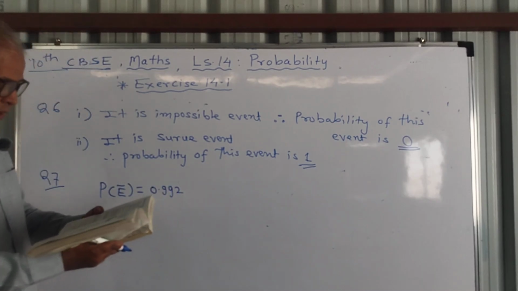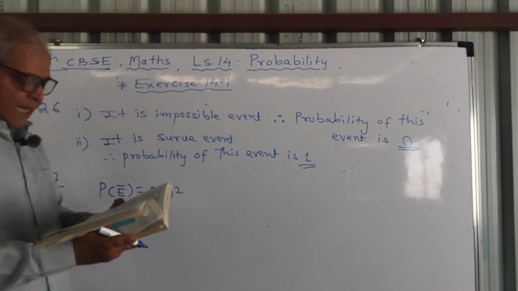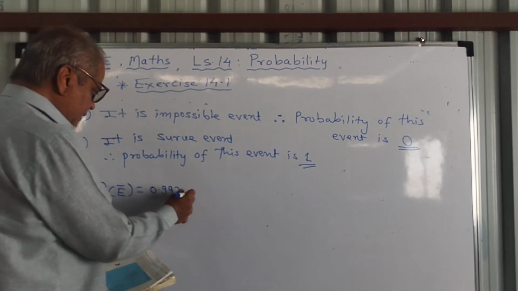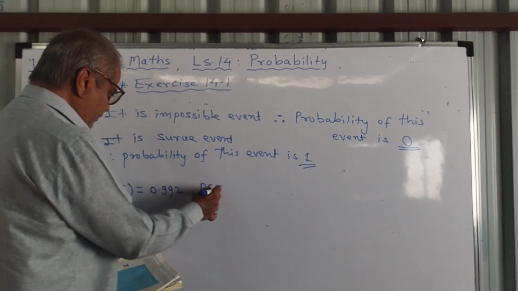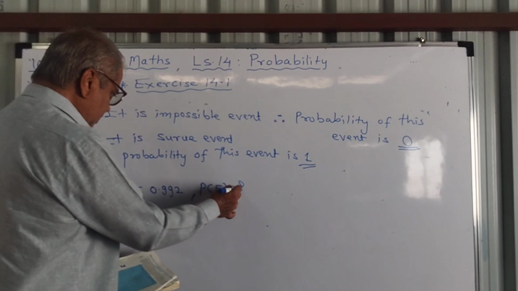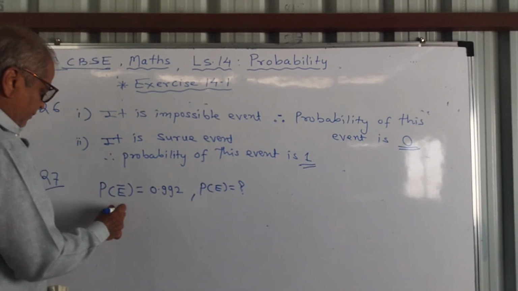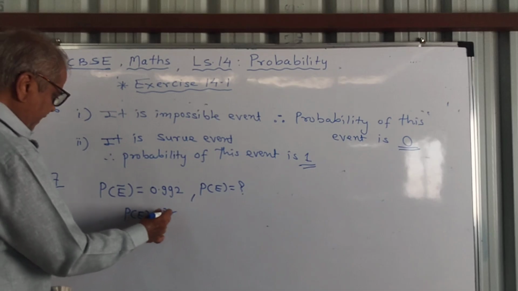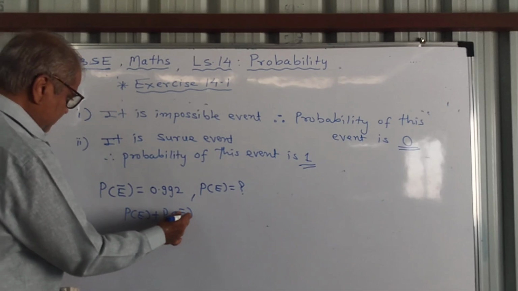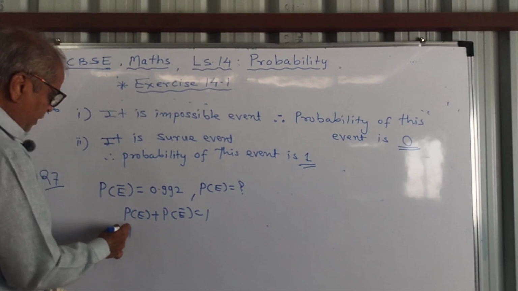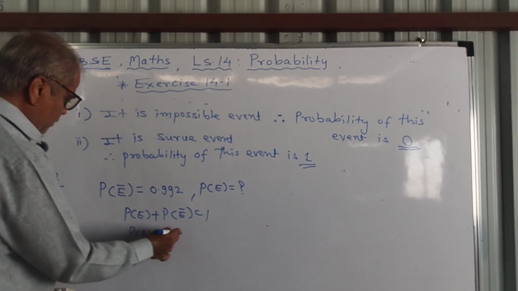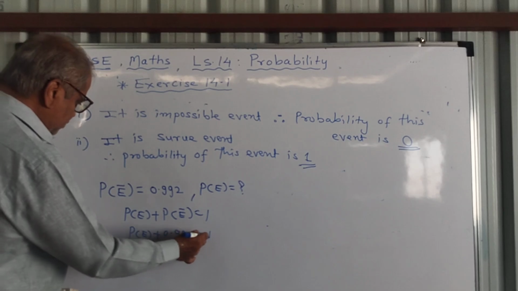And what is asked is the probability that 2 students have the same birthday, that is P of E is equal to question mark. So write the formula. P of E plus P of E dash is equal to 1. So P of E plus 0.992 is equal to 1.